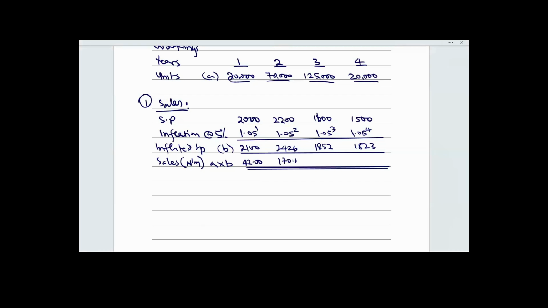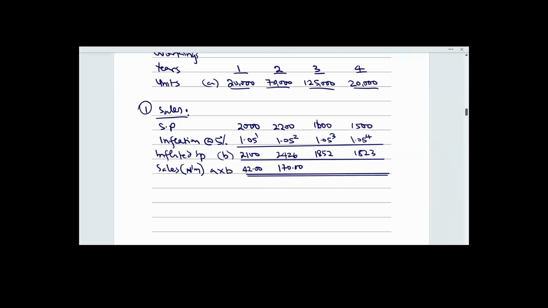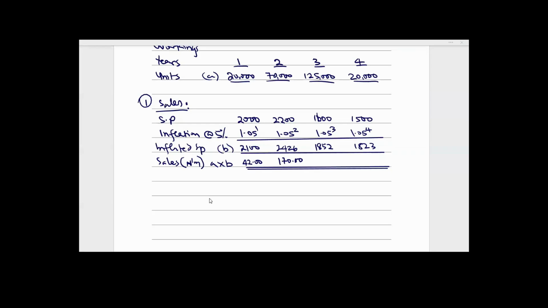Then the third year will be 1852 multiplied by 125,000, which equals 231,500,000. So let's say that's 232 million.